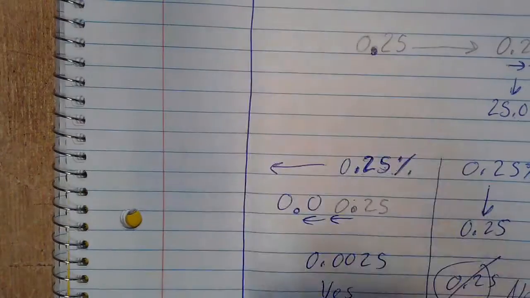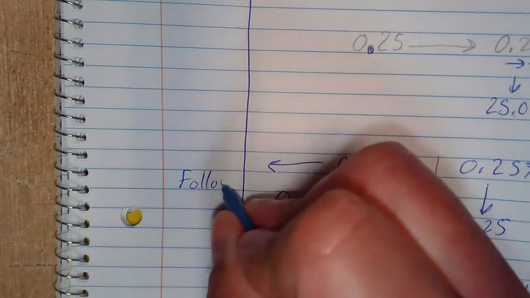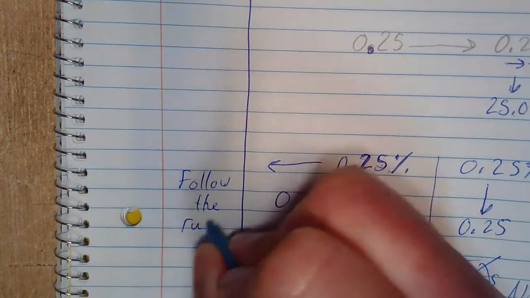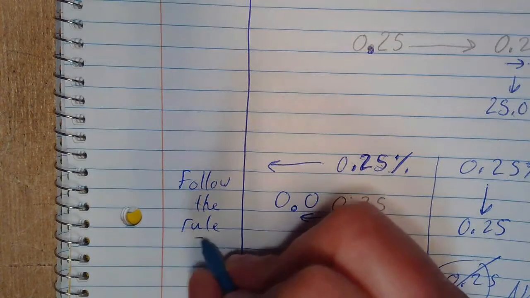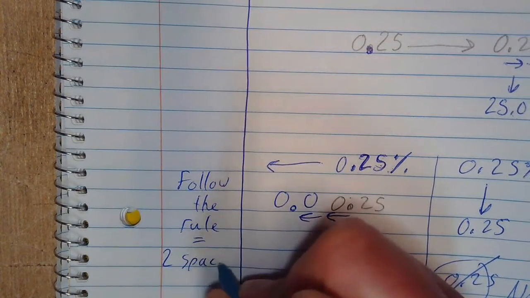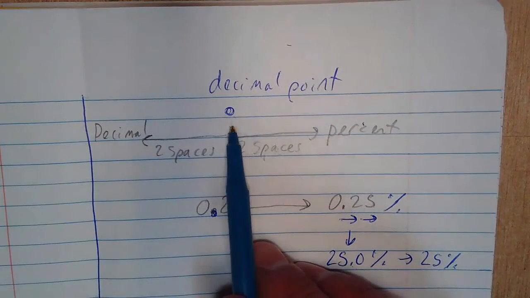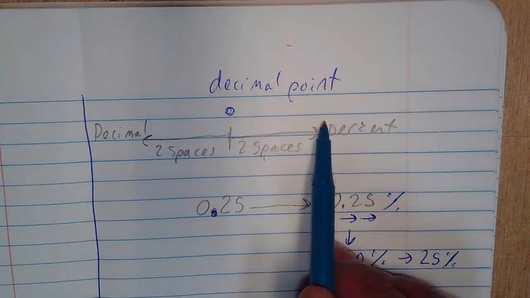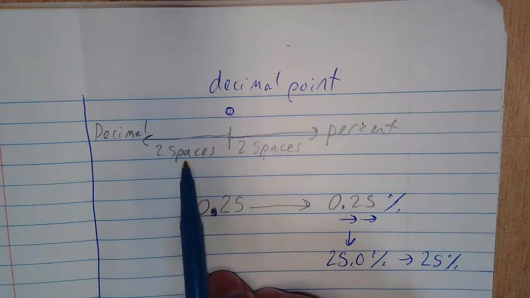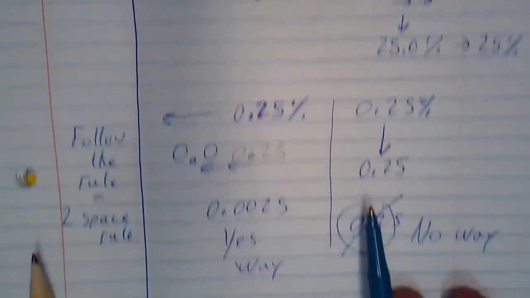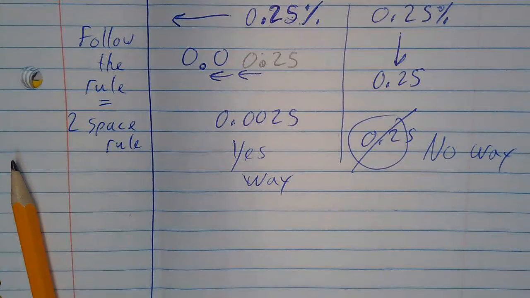Follow the rules. Follow the rule. The two-space rule. Okay? Seriously. You're either moving the decimal point to the right or the left. Two spaces. All right? I hope this makes sense. Ask me questions if you have questions, obviously.